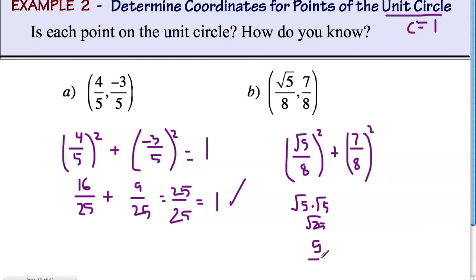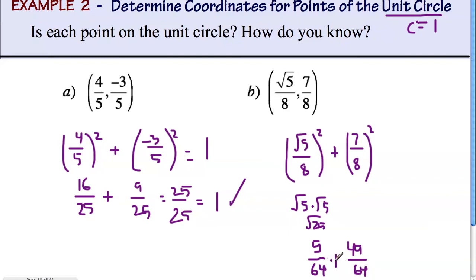Okay? And then 8 squared is 64. And then 7 squared is 49. 8 squared is 64.